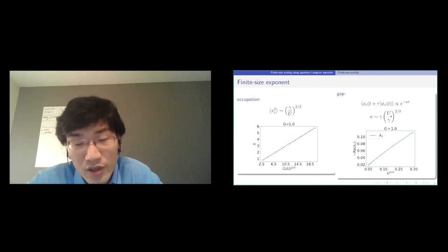You can see that as u goes to 0, kappa will just vanish, and then we will have a divergent correlation length, because it's proportional to 1 divided by kappa. So here I show the scaling of the gap as u goes to 0. You can see that for small u, there's a very nice power law relation.